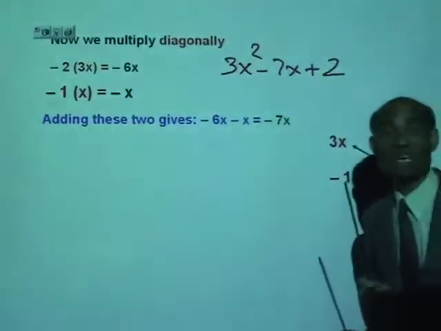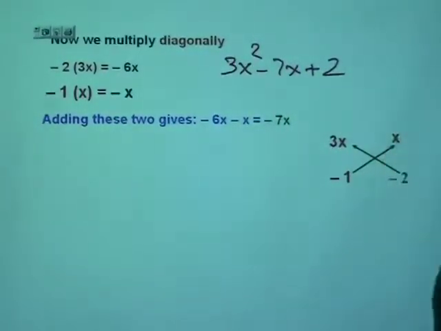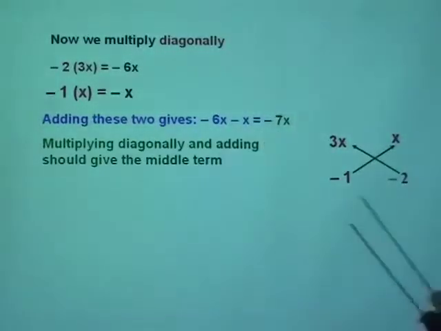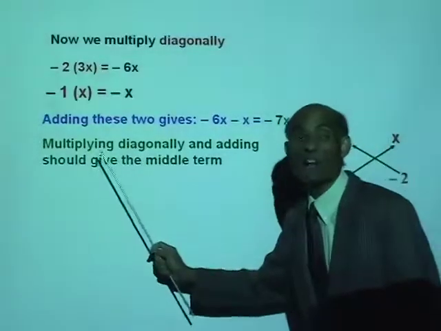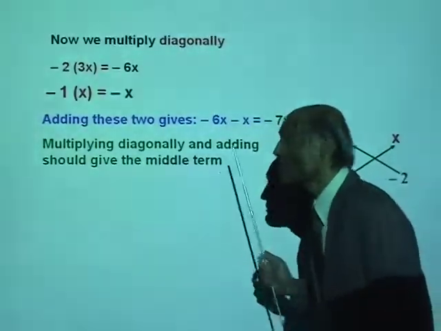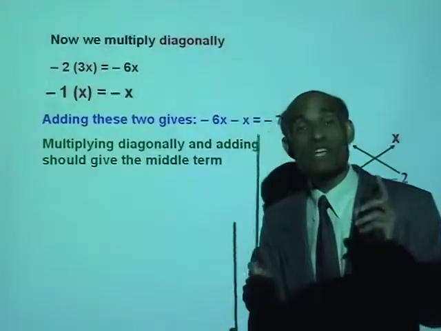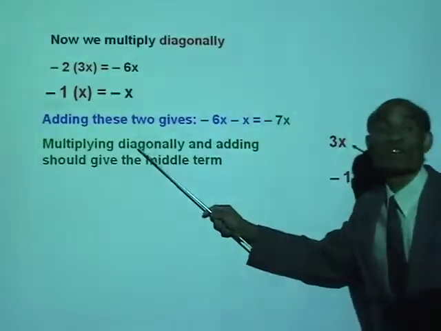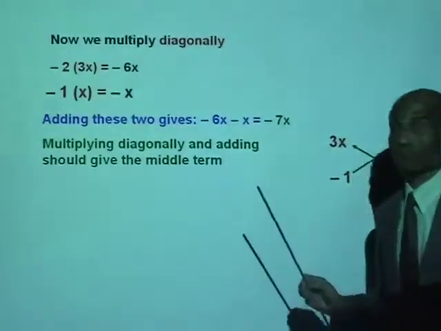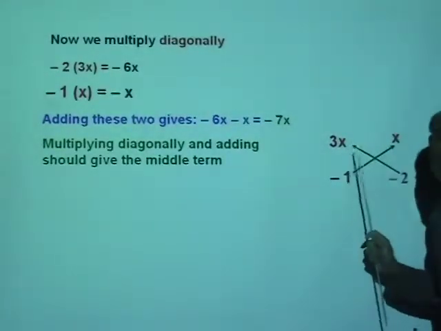Now, once the test is done, how do we pick our factors? Multiplying diagonally and adding should give the middle term. This is your test. Always make sure that this test is done. What is the test?